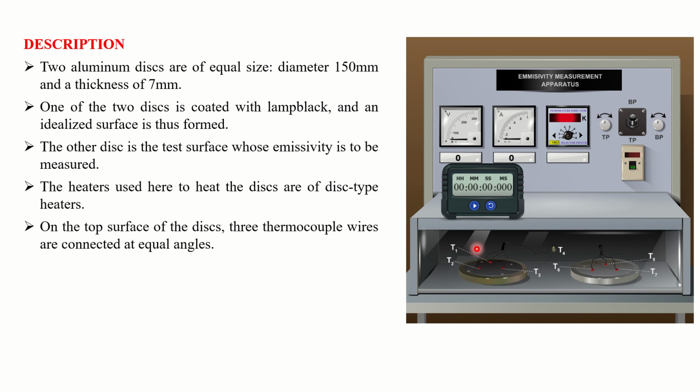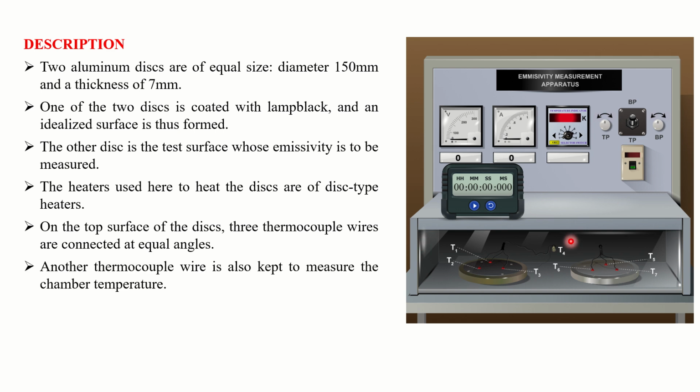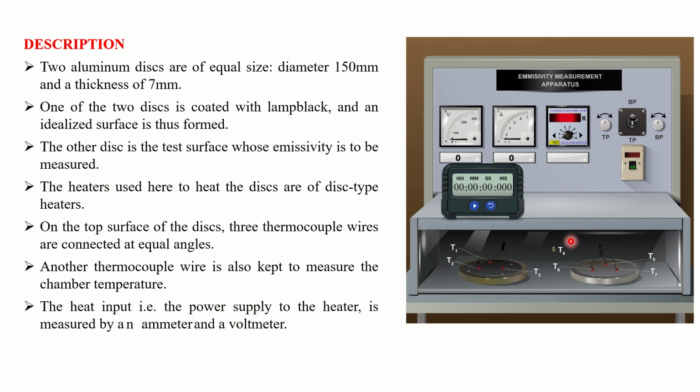And there are thermocouples over the black surface and also non-black surface at equal angle. And there are thermocouples to measure the chamber temperature and also ambient air temperature. And the heat input to heater can be regulated with the help of voltmeter and ammeter. And there is a digital temperature indicator to display the temperature.